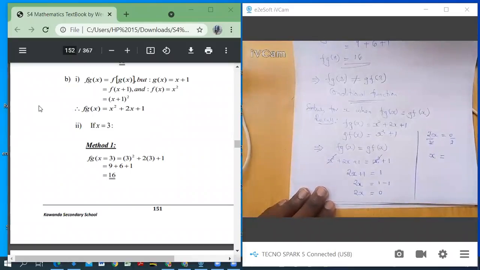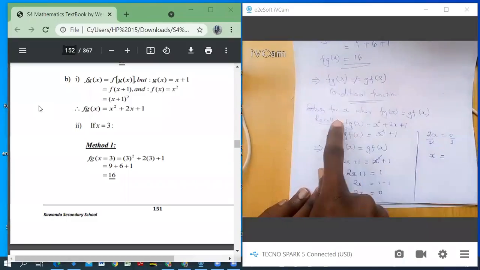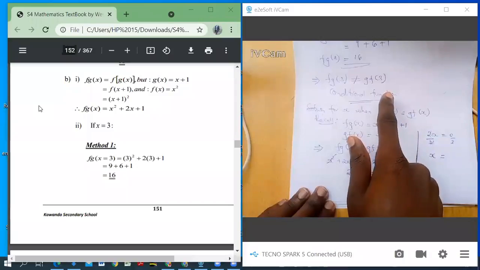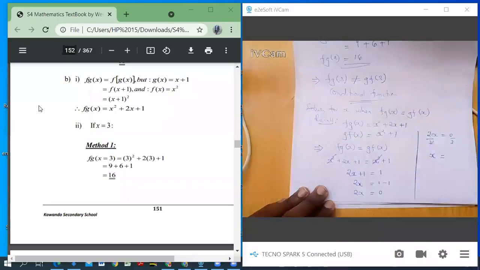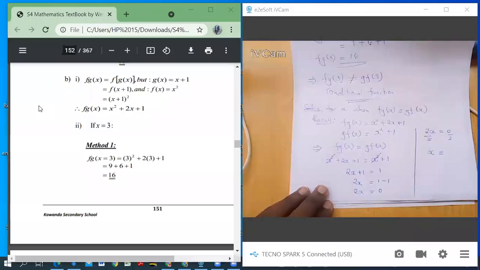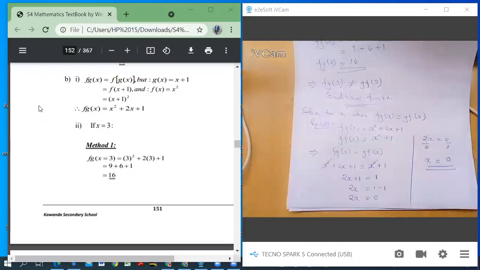Remember I talked about conditional functions, and then about undefined functions. When do we say that a function is undefined? When the denominator is 0, it's meaningless. But what is 0 divided by 2? The answer is there: 0. So 0 divided by 2 is 0.